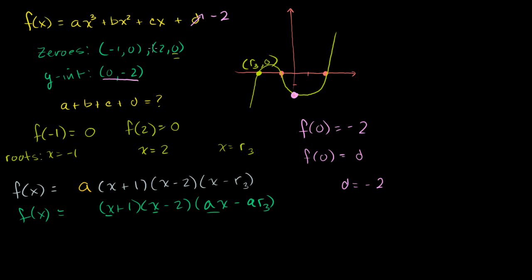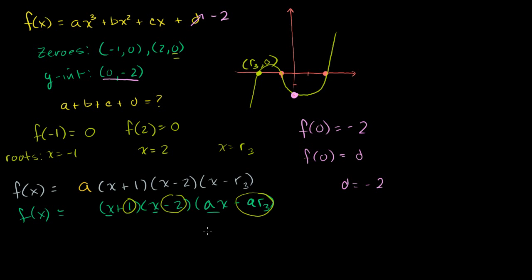The two in the middle come from different combinations of constants and x terms. You'll see that if you actually multiply this out. But if you take my word for it, that times that times that has got to be equal to d, so we can attempt to find a relationship between a and d, which is minus 2.